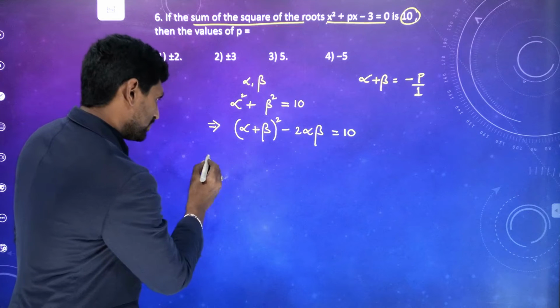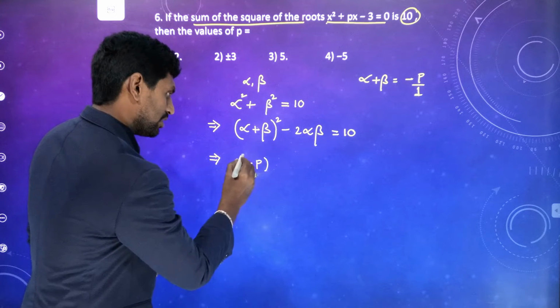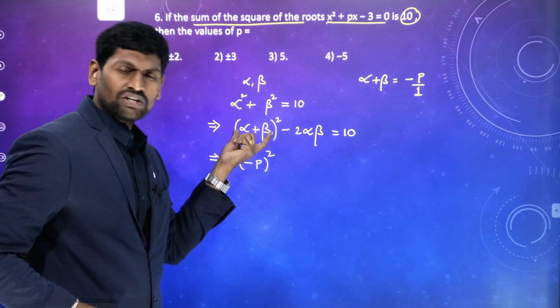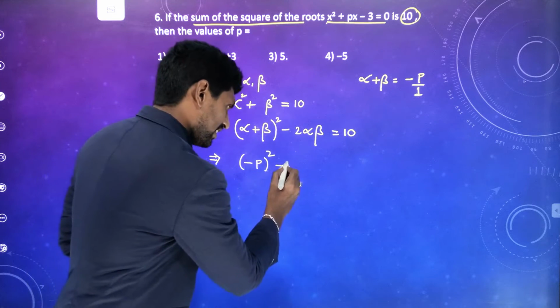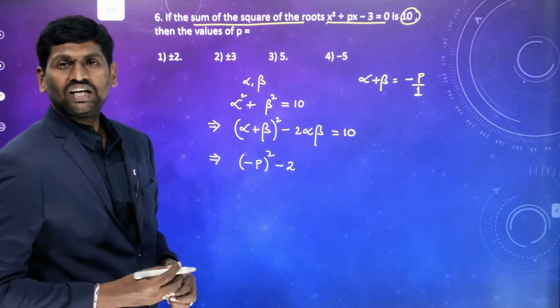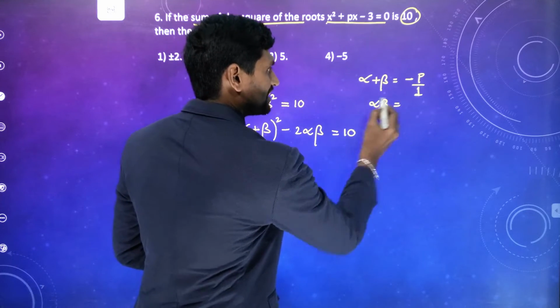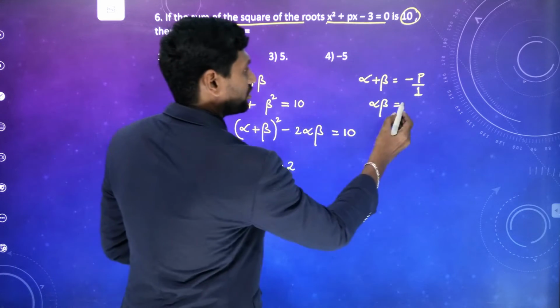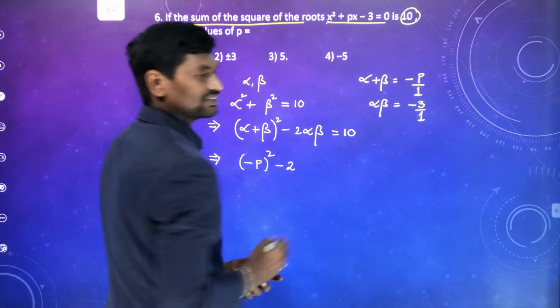So substitute in the given value: minus p whole square, in the place of alpha plus beta I am substituting minus p, minus 2 into alpha beta. Alpha beta means product of roots, c by a. So c value is minus 3 and a value is 1.